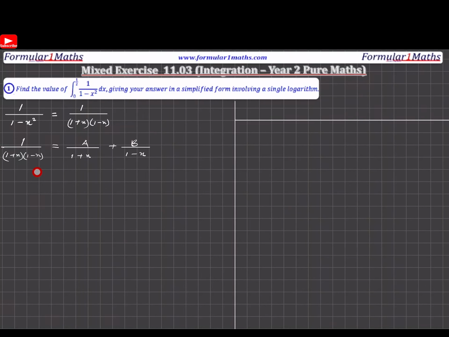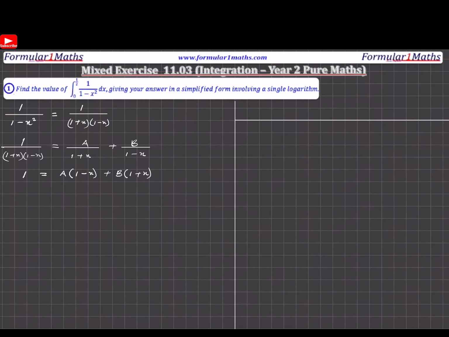Then I'll multiply each of the 3 terms by the denominator of the left-hand side. So if I do that, I'm going to get 1 on the left-hand side equal to a times 1 minus x plus b times 1 plus x.